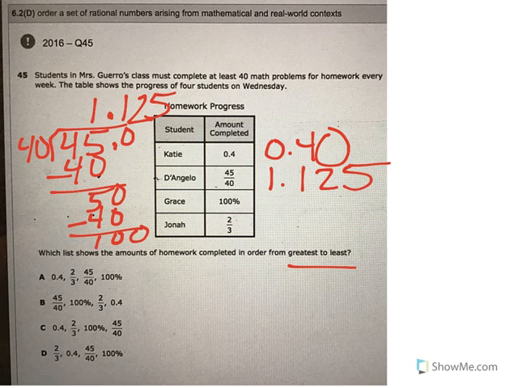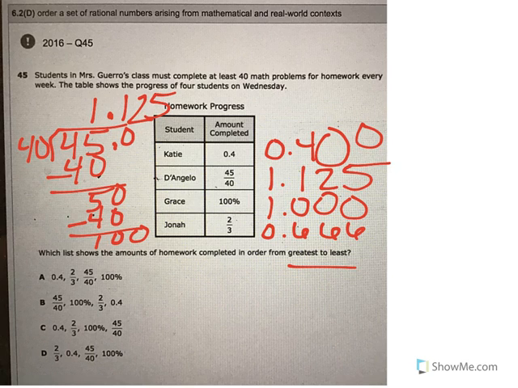And 100%, what does percent mean again? Out of 100. And what's 100 divided by 100? 1. I'm going to add some zeros. And the last one is 2/3. Divide the numerator by the denominator. You're going to get 0.666. Now the 6 goes on forever, but I'm going to stop at the thousandths place because I don't need to continue going.